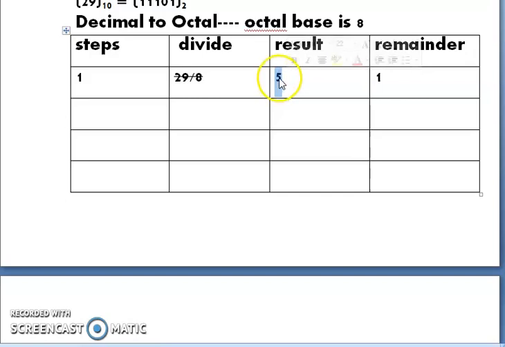This is the MSB bit position. This is the LSB.